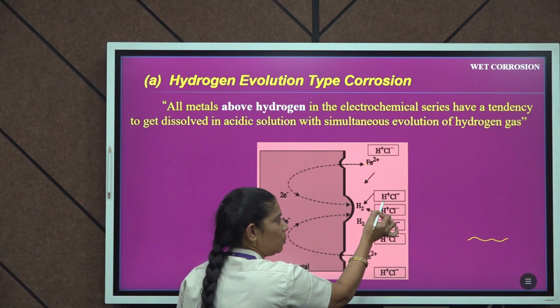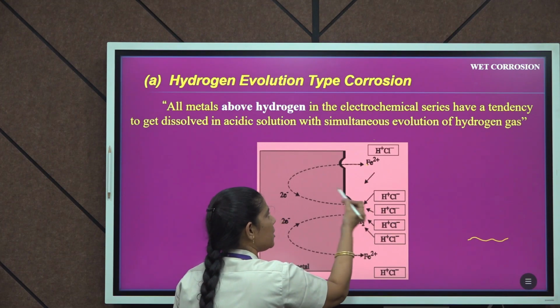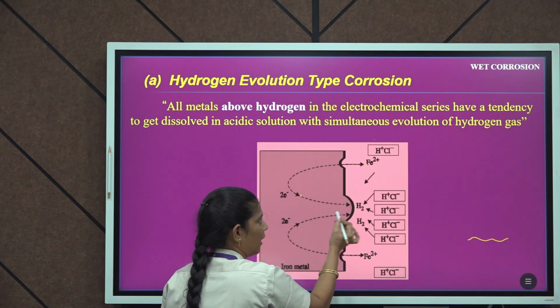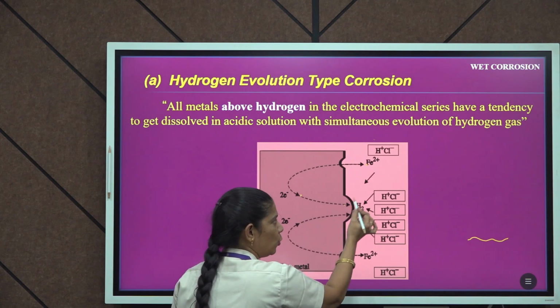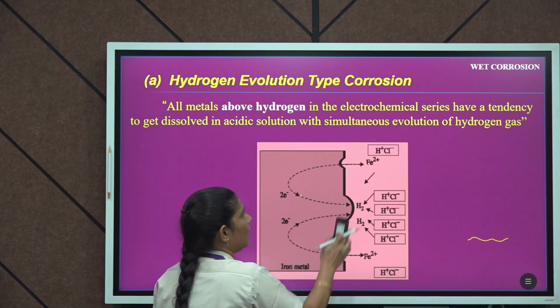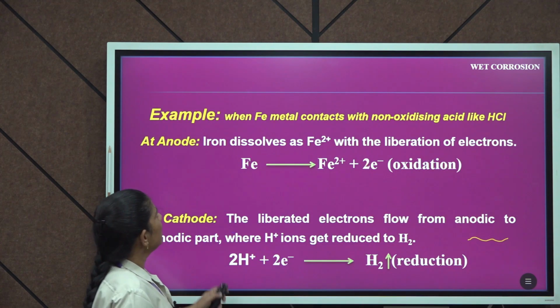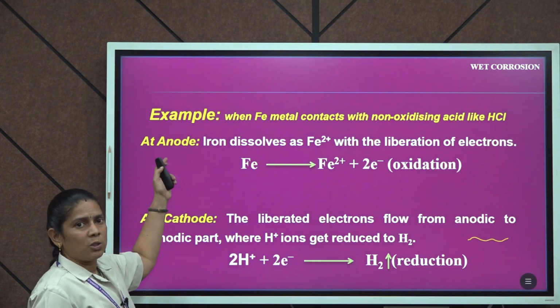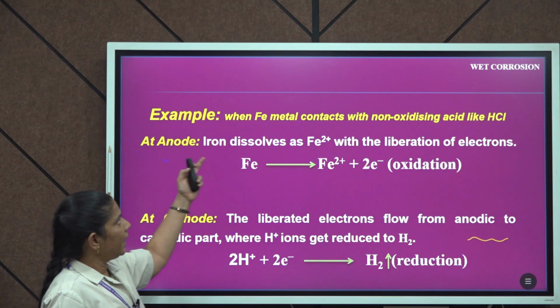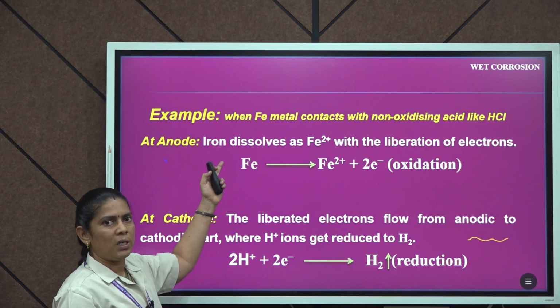Simultaneously, the H+ from the hydrochloric acid accepts the electrons released from the anode and gets reduced to hydrogen. Let us see the mechanism in detail. At the anodic reaction, what happened? Already we have said iron dissolves. So, iron gets dissolved in acidic medium.